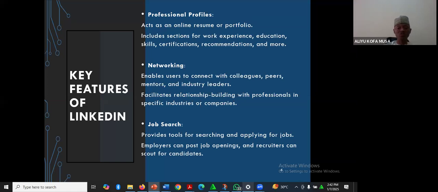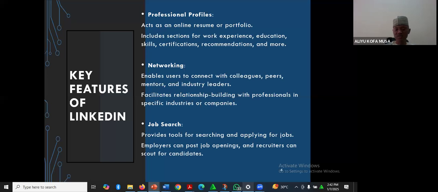Now it comes to how you can sell yourself, how you can network with job providers and with your fellow colleagues in various career fields. So LinkedIn acts as an online resume or portfolio for you.